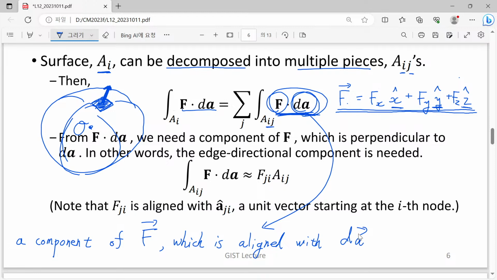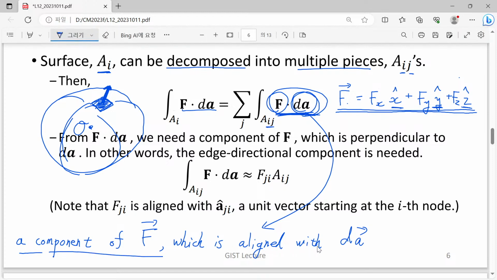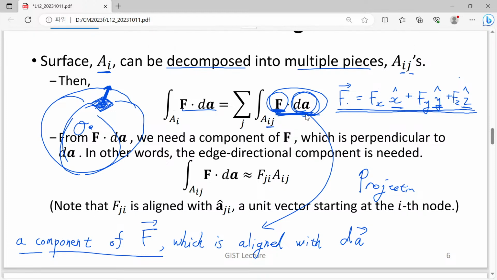So are you with me? By calculating this dot product, the resultant scalar just shows the component of F which is aligned with dA, because this can be regarded as just the projection of our original vector F onto our dA direction.